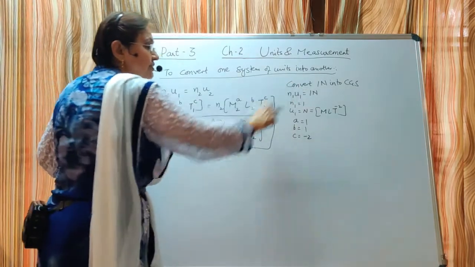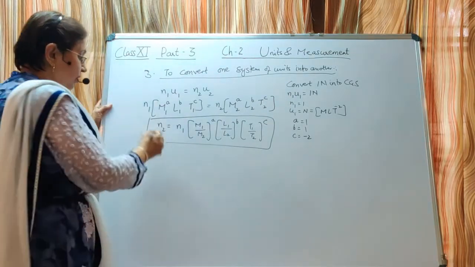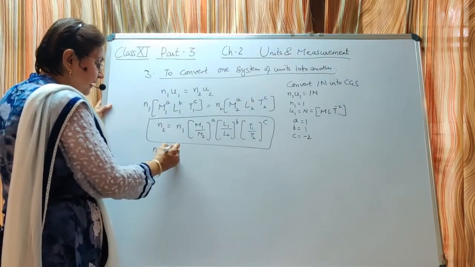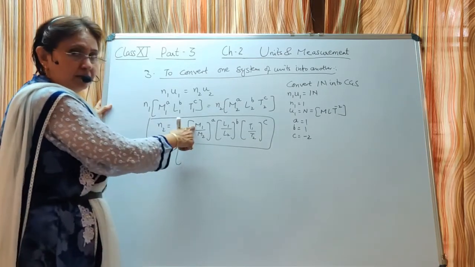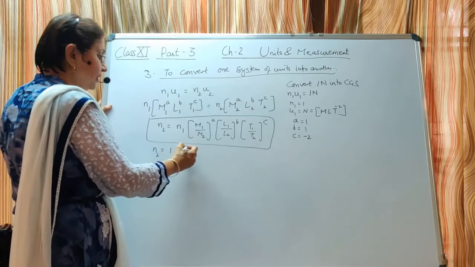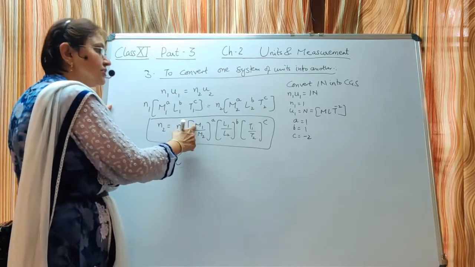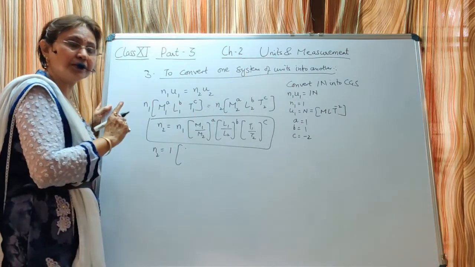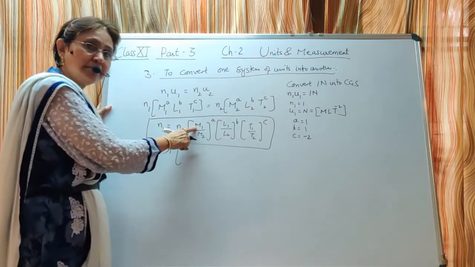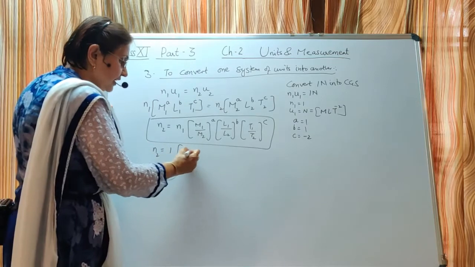Which is the second system? CGS system. Substituting it over here, N2 is equal to N1, which here is 1, times M1 over M2. M1 is the mass in the first system, that is the SI system. Newton is the unit in the SI system, and we know that the mass in the SI system is kg.